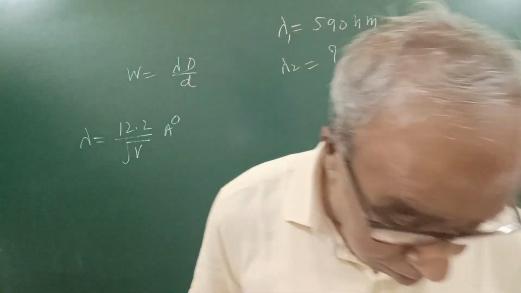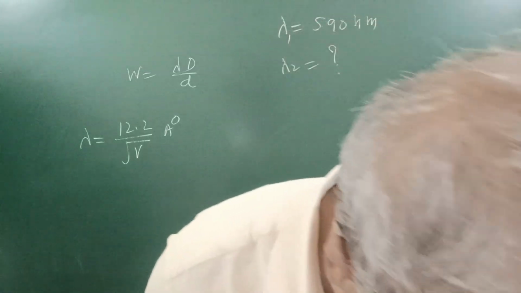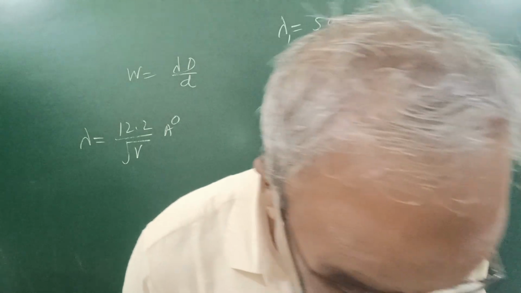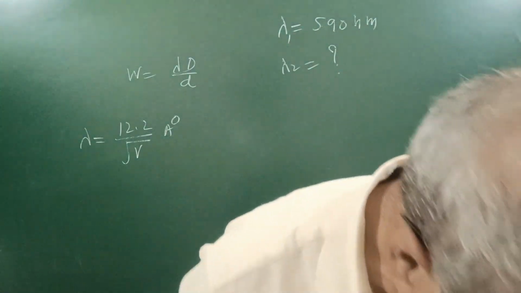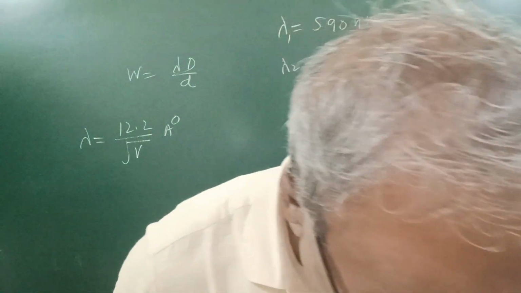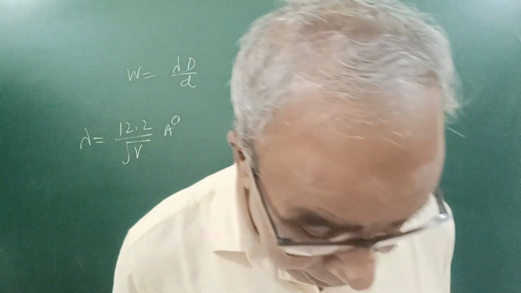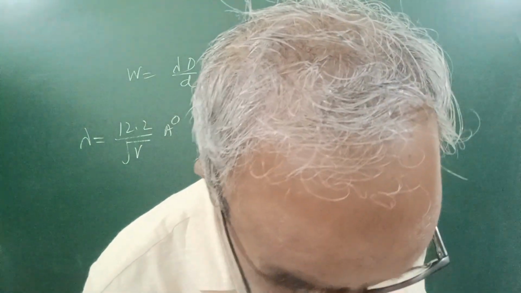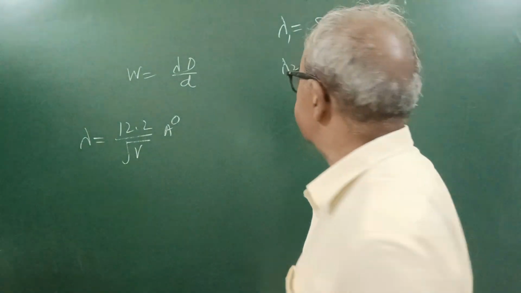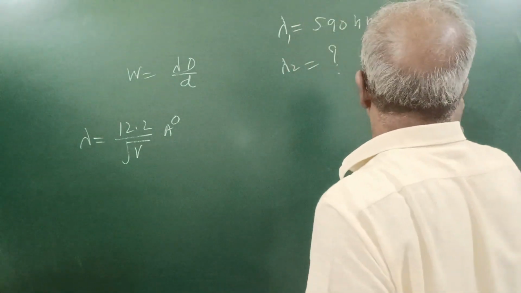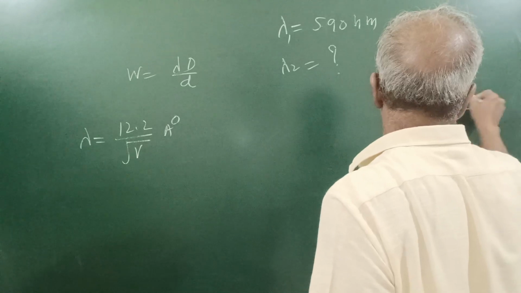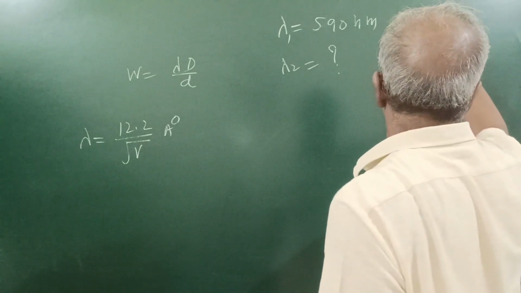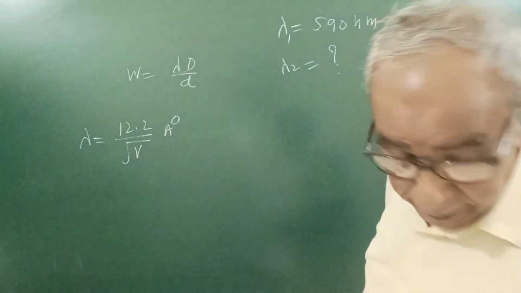The central maximum of both lights coincide. Further, it is observed that the third bright fringe of known light coincides with the fourth bright fringe of unknown light. The central bright fringes coincide.